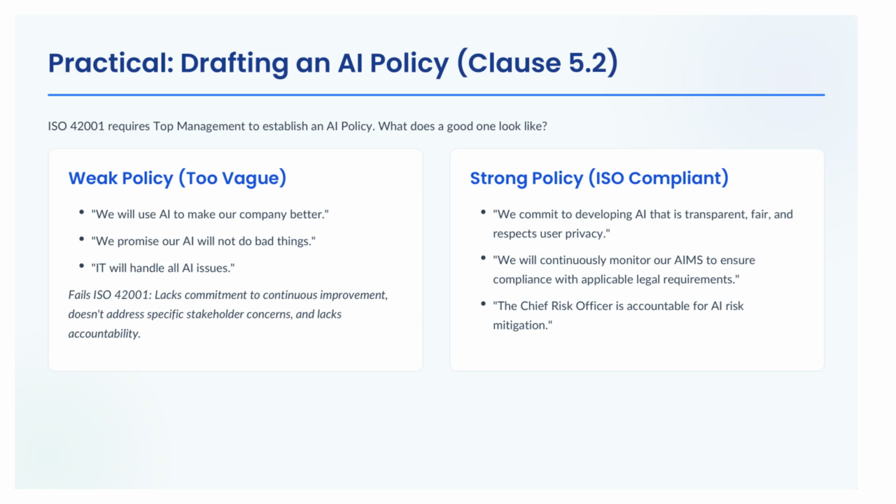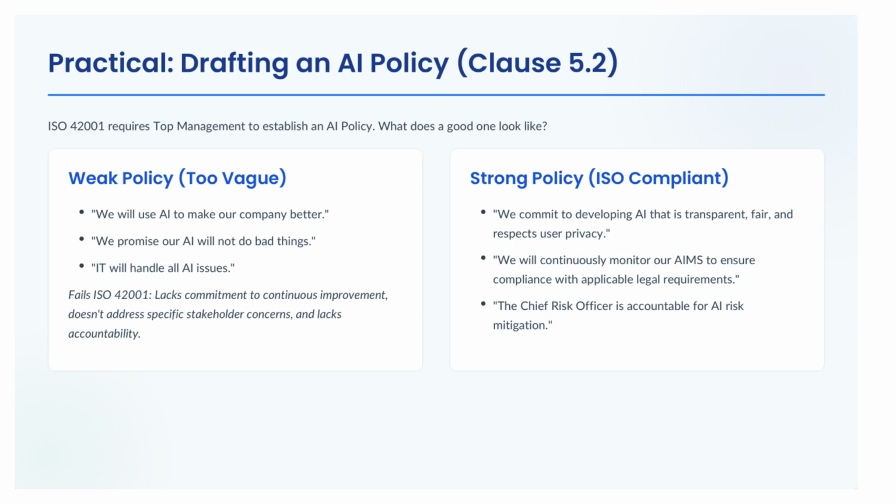So, if we look at the strong policy, we are starting with transparent, fair, respects user privacy, which means we are showing an actual commitment an auditor can test against. Now, the continuous monitoring and review: it's a continuous improvement hook, the PDCA loop from two slides back that we referred to, which was planning, doing it, checking it, and acting on it.